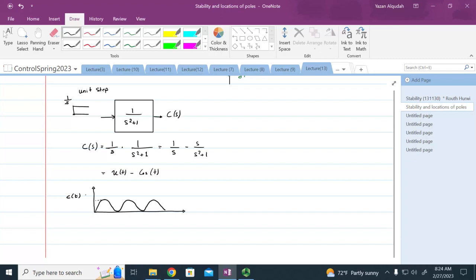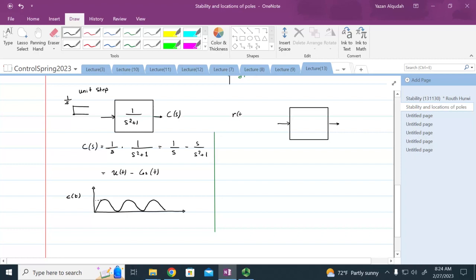However, let's see what happens if we apply to this system a sinusoidal signal that has a frequency equal to the location of the poles of this system. What is this frequency going to equal? 1.